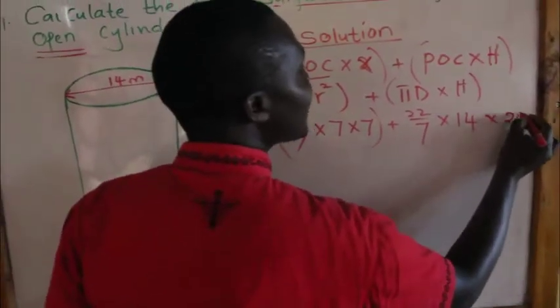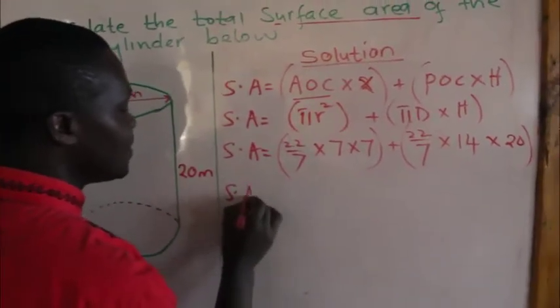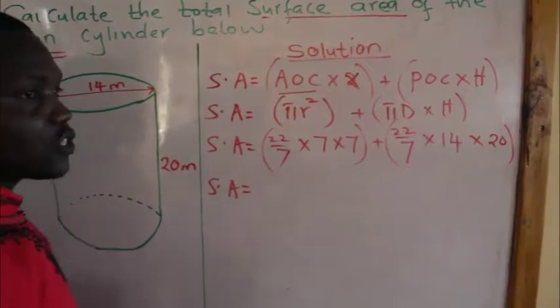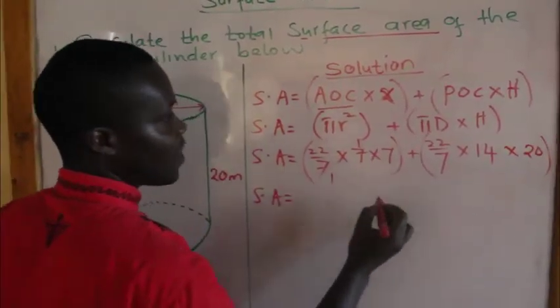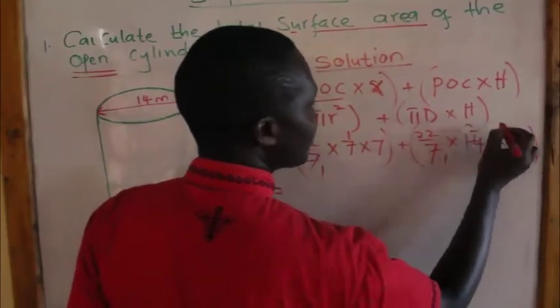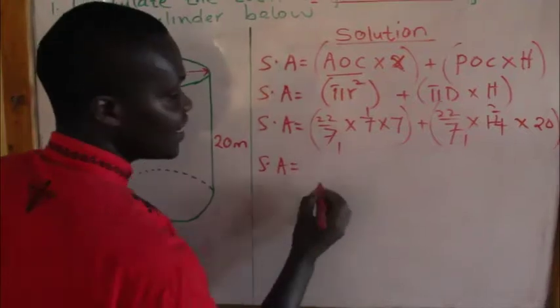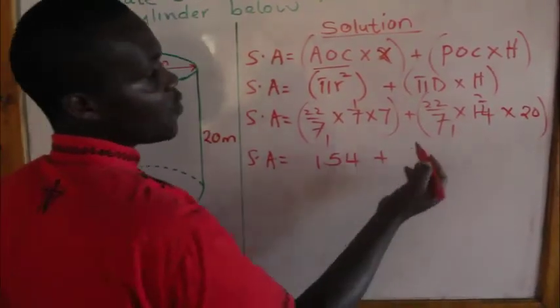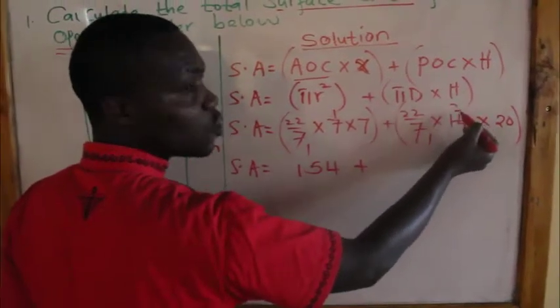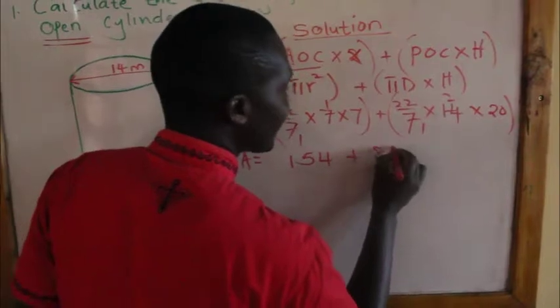By inserting all these figures, what is left is just simplifying and arriving at our answer. 7 into 7 is 1, 7 into 14 is 2. So we have 22 times 1 times 7. The answer will be 154. Plus, we have 22 times 2, which is 44, times 20, which is 880.